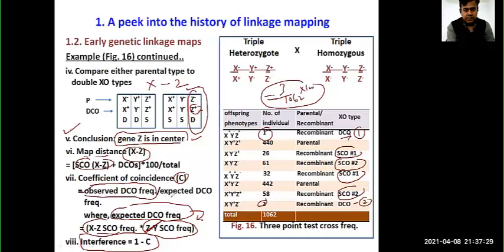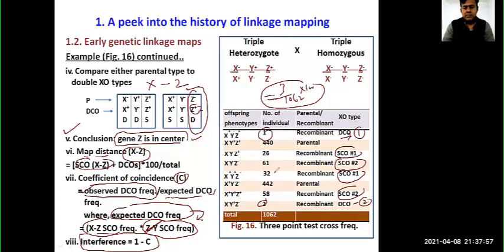Okay, and what will be the expected DCO? Only DCO, observed DCO. So 1 plus 2 only. Right, and then expected DCO. So interference will be 1 minus C.